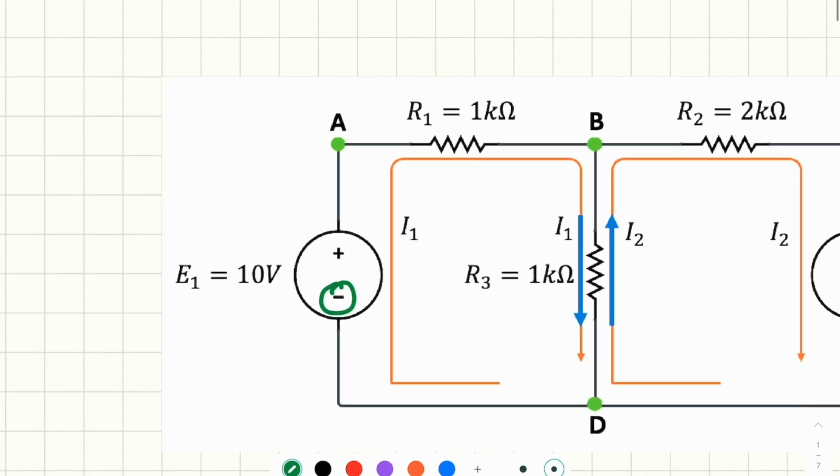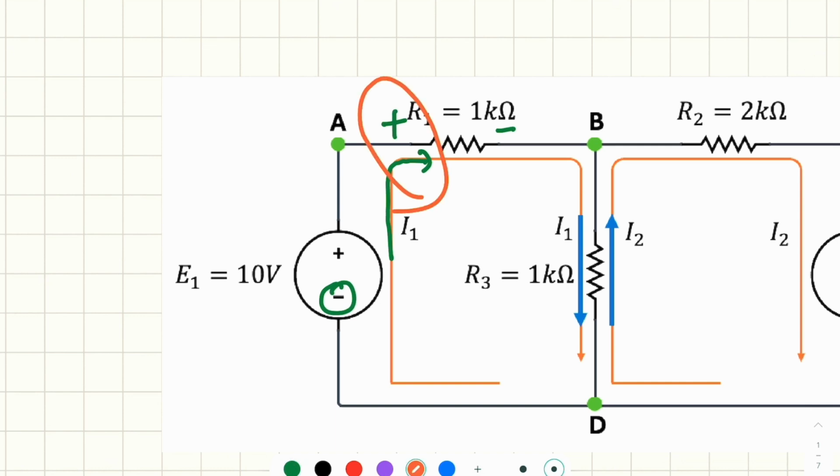Second, when this mesh current I1 passes through the voltage source, it enters R1. Now think about a current passing through R1 in terms of the potential: this must be high, this must be low, because current flows from the high potential to the low potential. So using the engineering sign convention, we say the mesh current I1 enters R1 from the positive side.